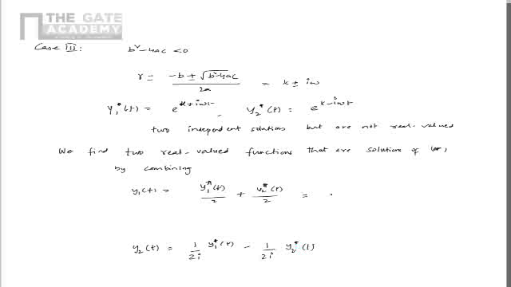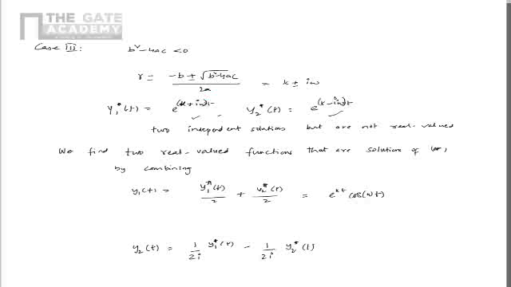If I add these two, this will give you e power kt cos omega t. You have to write it in the form of e power i theta. So I can write e power kt, and remember that this is complete.